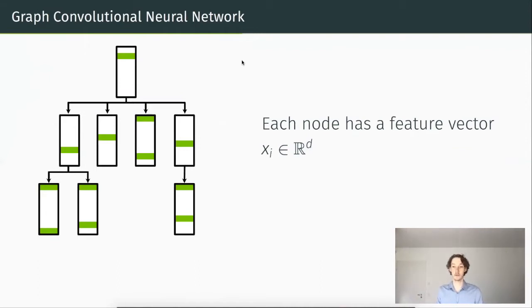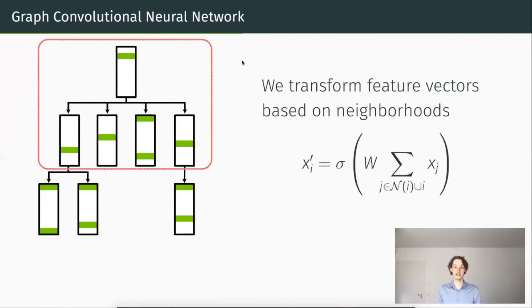How does a graph neural network work? A graph neural network is like a convolutional network, but for graphs. It takes the feature vectors of a tree and transforms them based on local neighborhoods. For instance, if we want to transform the root node in this tree, we take all its neighbors and compute a linear transformation by the matrix W. Then we take this vector and pipe it through an activation function sigma, for instance, the ReLU activation.